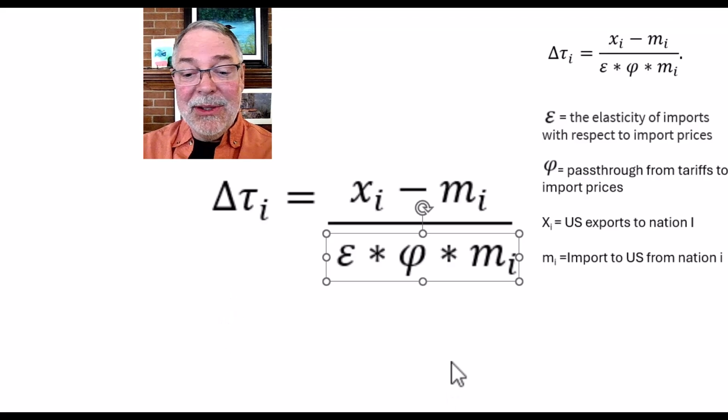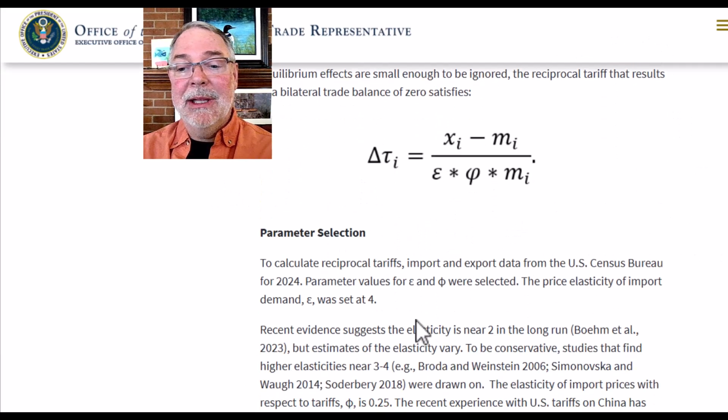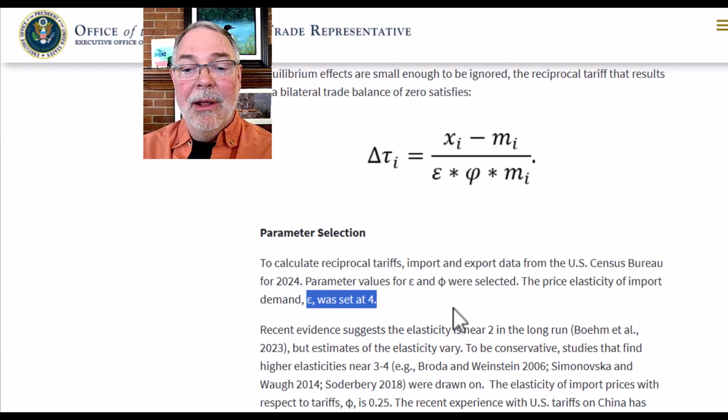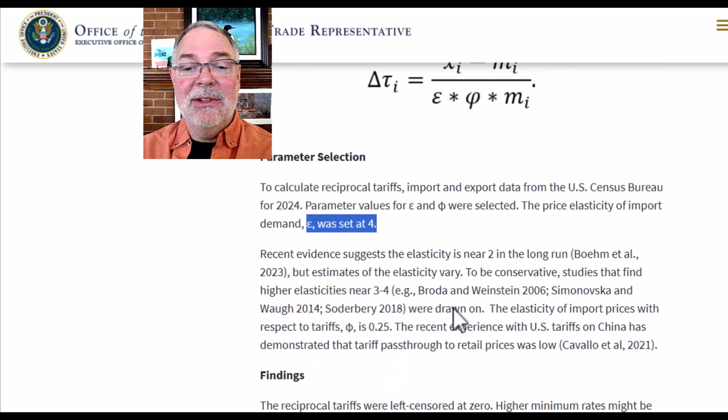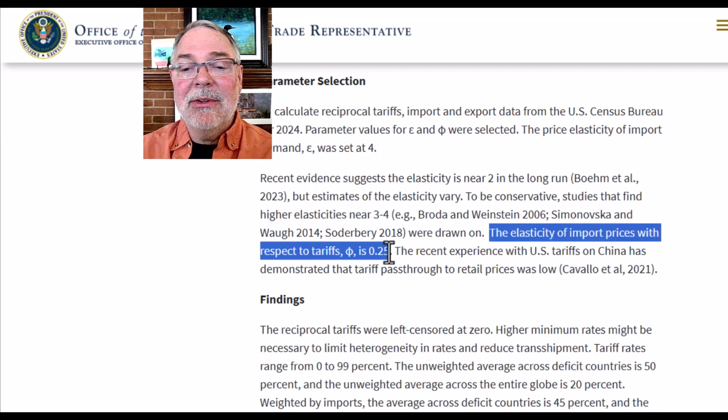Well, what did these guys do? And honestly, if we go back, we can see that they set the price elasticity without any reason. They said the price elasticity of import demand, epsilon, was set at 4. Okay, it was set at 4. Then they have this whole sentence, but the key part is here.